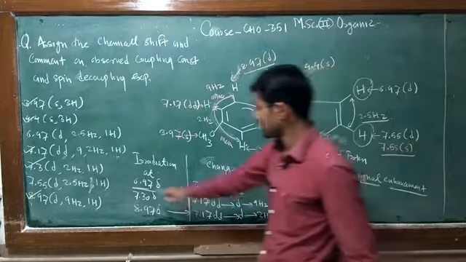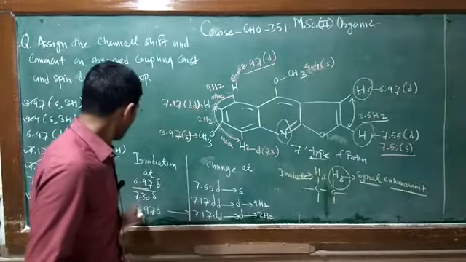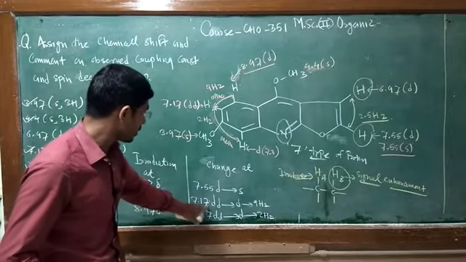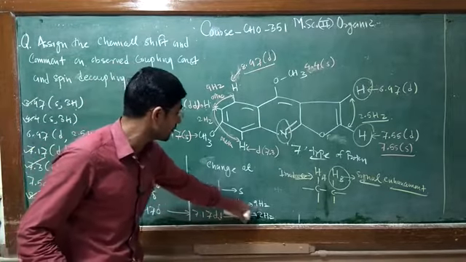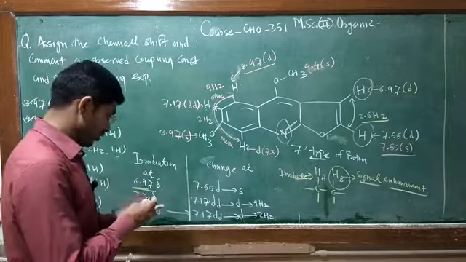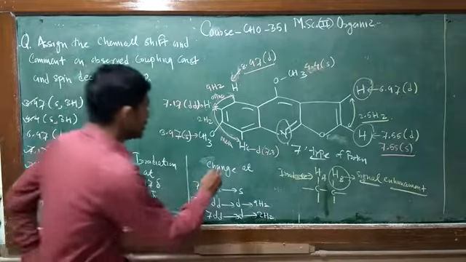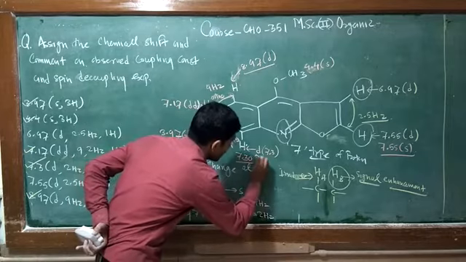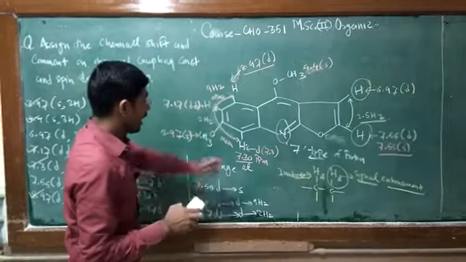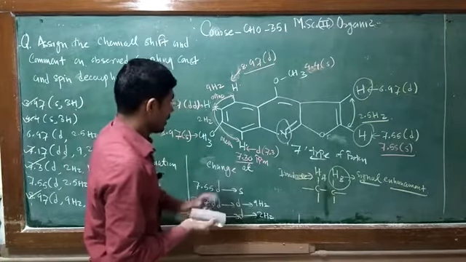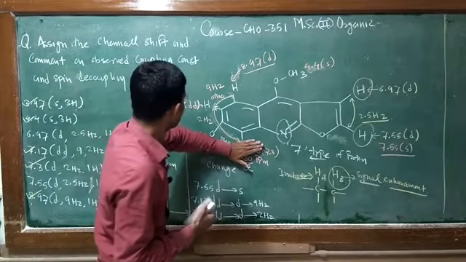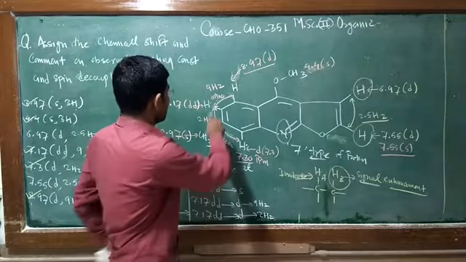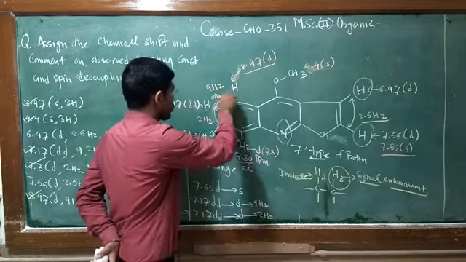So this is the first. Second, on irradiation at 7.30, the 7.17 doublet of doublet changes into a doublet with 9 hertz. Doublet of doublet means ortho and meta coupling.